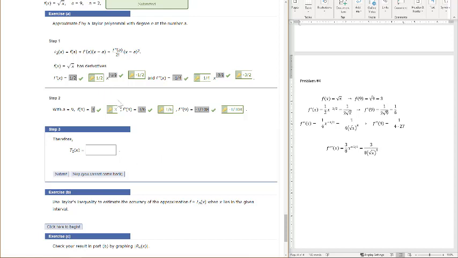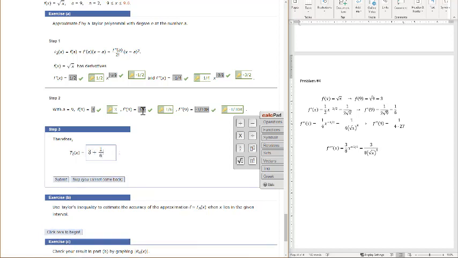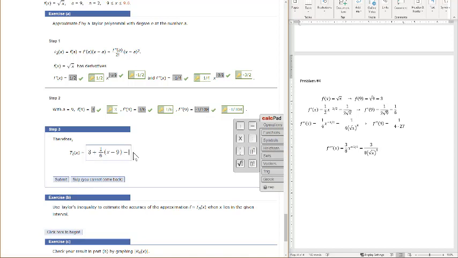So our Taylor polynomial is going to be 3, and then plus 1/6 times x minus 9. Plus, actually this is a negative, so that's a minus 1 divided by 108.